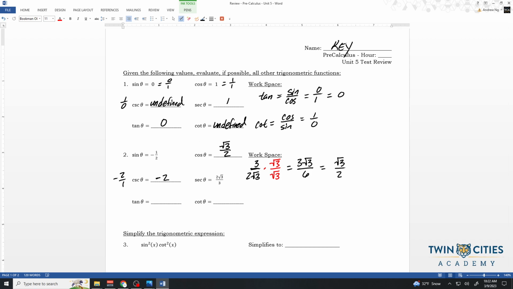Okay, then the tangent and cotangent are left. The tangent, let's do that first. Tangent is sine over cosine. So in this case, it'll be negative 1/2 all over square root of 3 over 2.